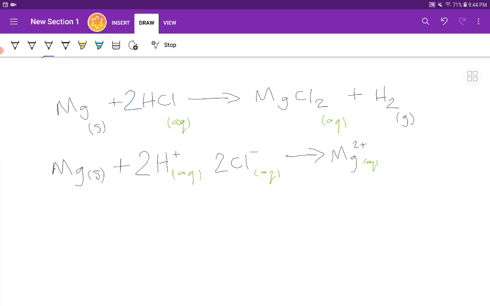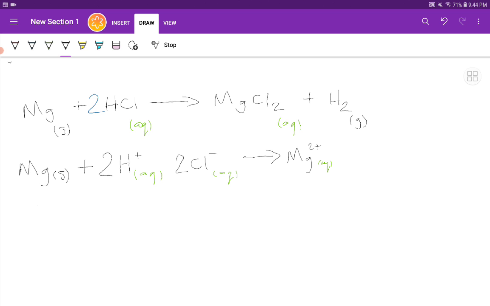Because we have 2 of them, I know that the temptation is to do this, but that is not correct. The way you're going to show that you have 2 Cl minus ions is by placing the 2 in front of the ion, and those 2 Cl minus ions are in aqueous solution, plus our hydrogen.